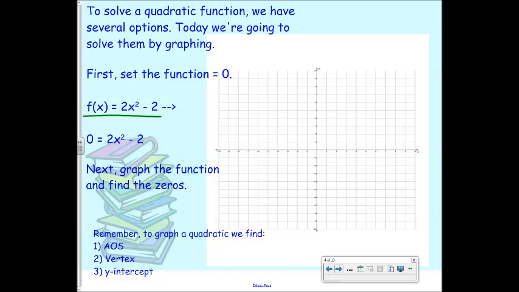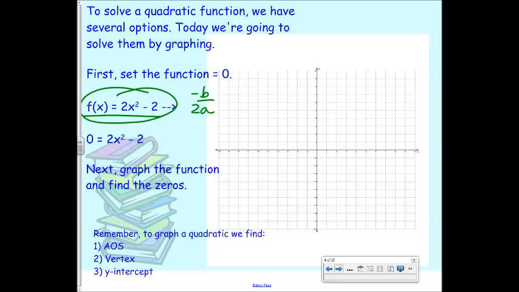So this is our equation. I'm going to start doing exactly what Rodrigo said: negative b over 2a. In this case, do I have a b? No, I don't. I have an a and a c, but I don't have a b, because if I had a b, the variable with it would be x, and there isn't one.